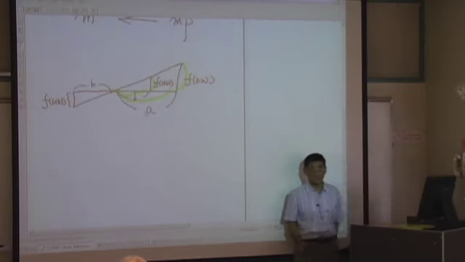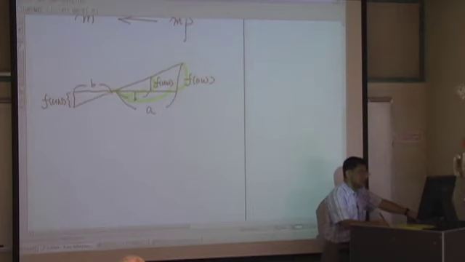Then length B over length A equals length F underwater, absolute value, over F over water, absolute value.